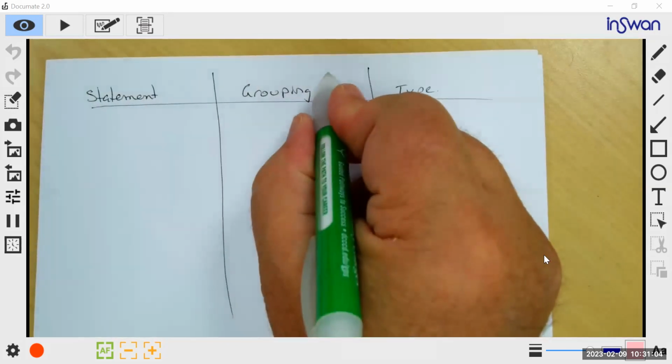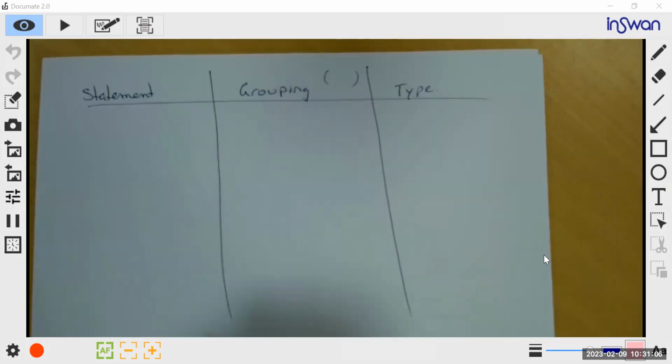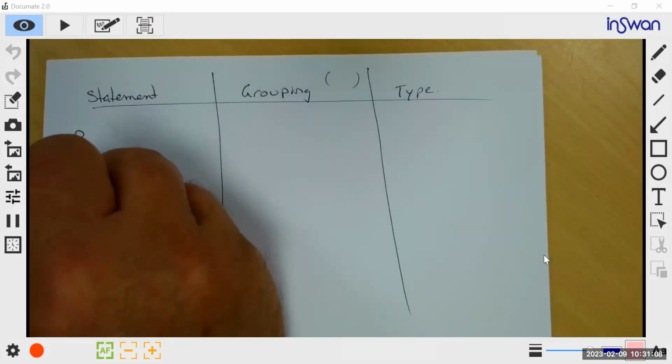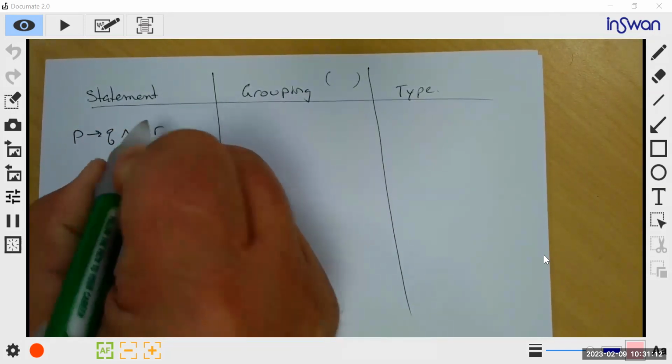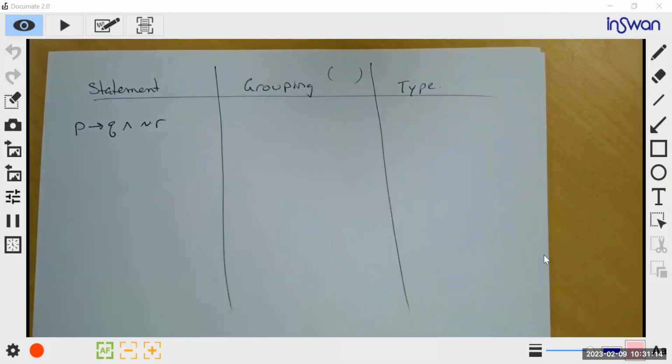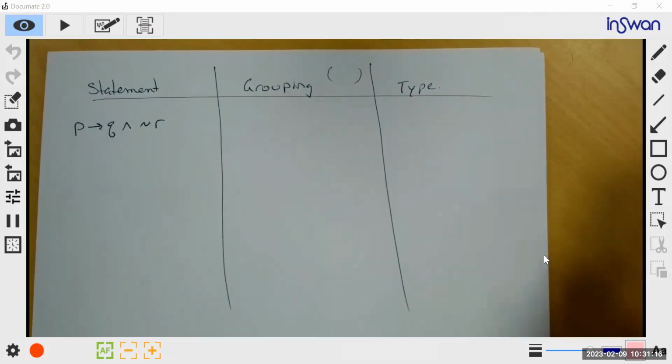So here, you're going to tell me where to put the parentheses. The statement of the first one, where would you put the parentheses?